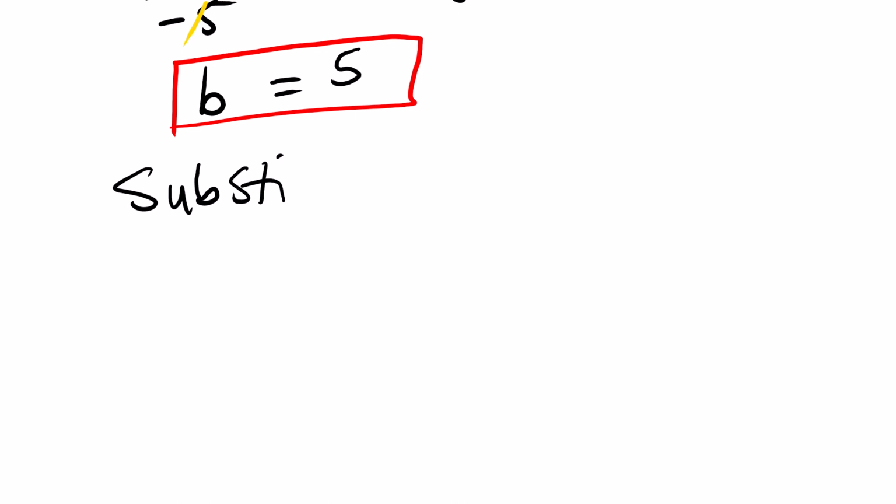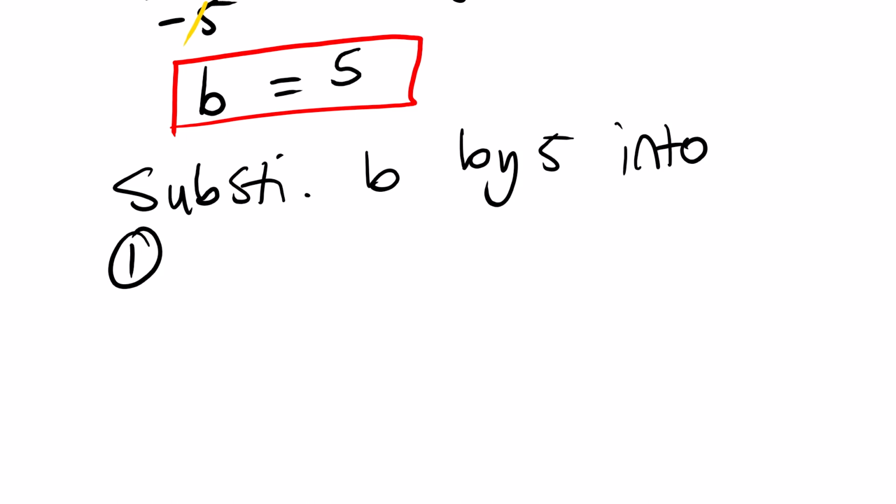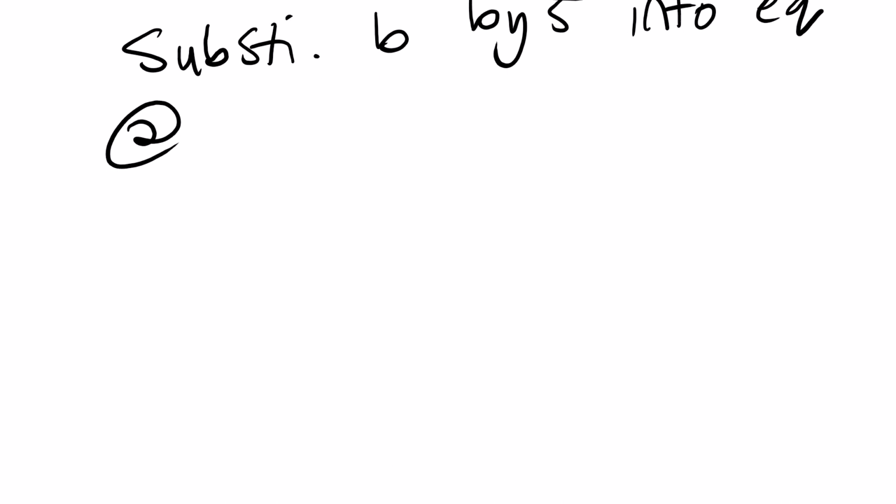We continue. Substitute b by 5 into equation 2. So equation 2, it's 3a minus 2b is equals to 20.